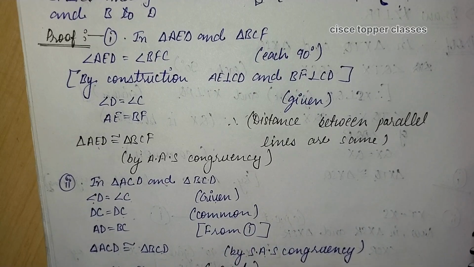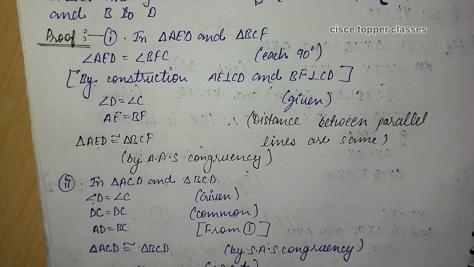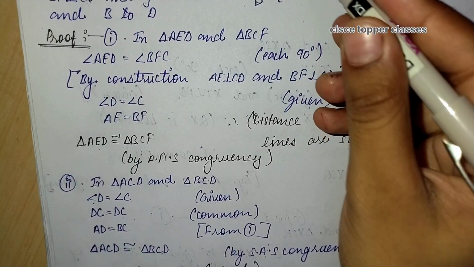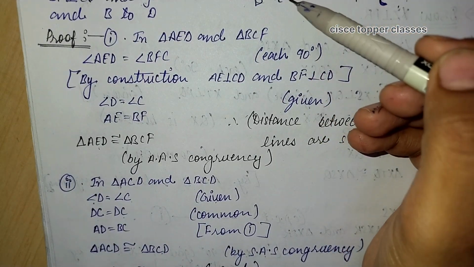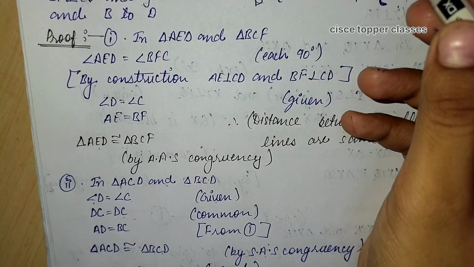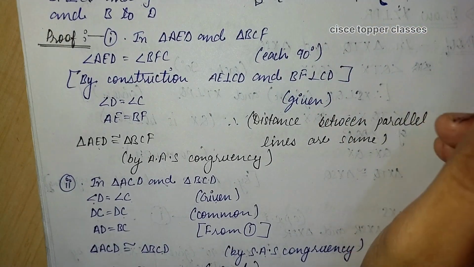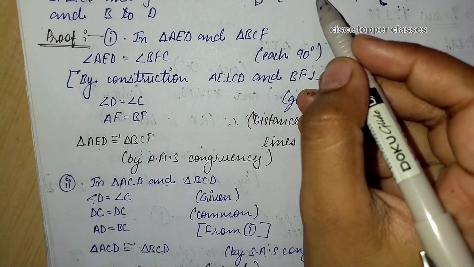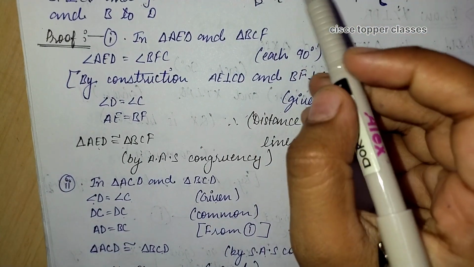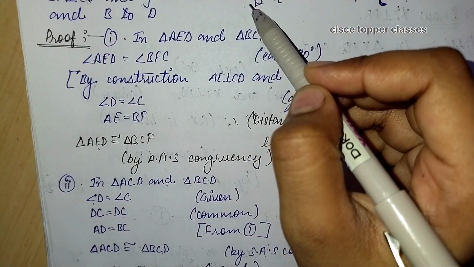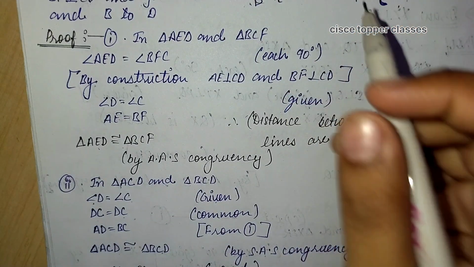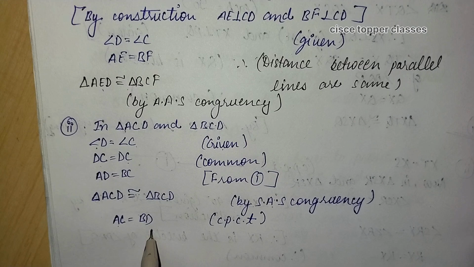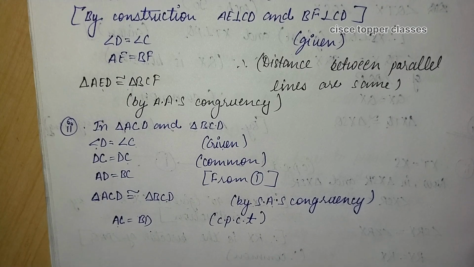From these three we can say that triangle ACD and triangle BCD are congruent by side angle side congruency, because DC is a side, AD is also a side, and angle D is the angle. So by side angle side congruency we can prove this, and AC is equal to BD by CPCT.